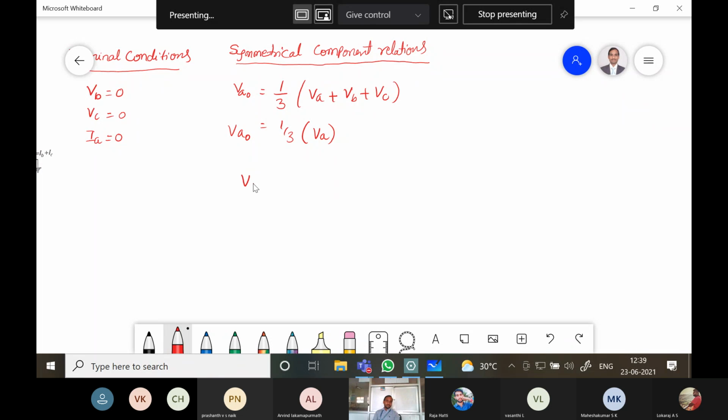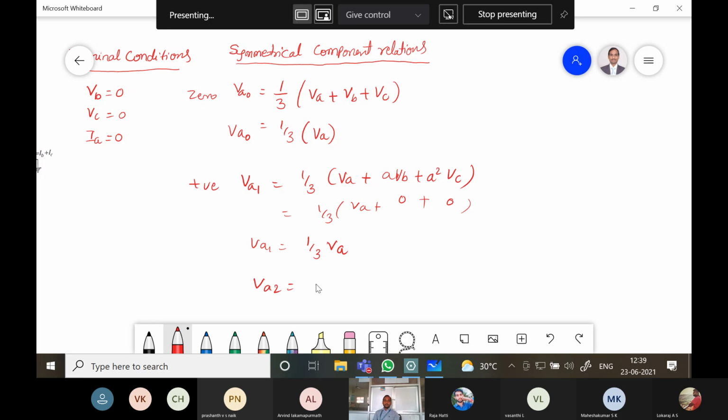Now write VA1, which is again 1 by 3 times of VA plus A into VB plus A square into VC. In this case also VB and VC are 0, so only VA is present. So it is 1 by 3 times of VA. VA1 is the positive sequence, and this is the zero sequence. So positive sequence voltage VA1 is equal to 1 by 3 times of VA.